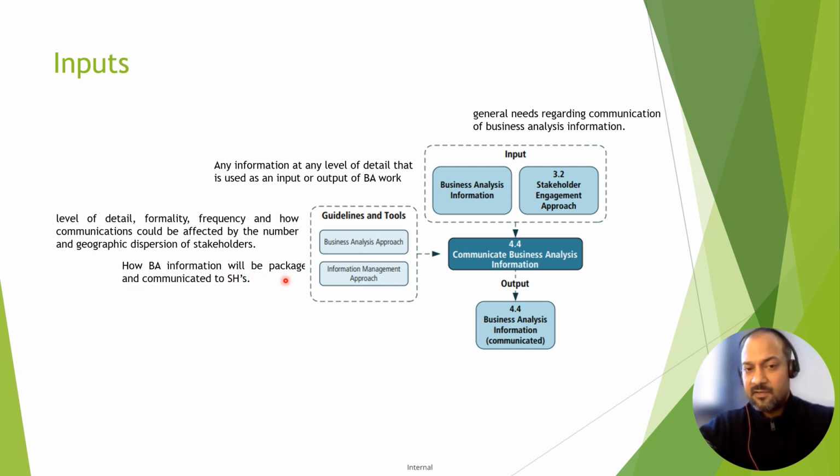Then we have the information management approach: how the business analysis information will be packaged and communicated to the stakeholders. It's related to the organization policies, organization templates, and the way the communication methods are set up in that organization. There are a lot of information management systems also in place, which the employees use to communicate that information.